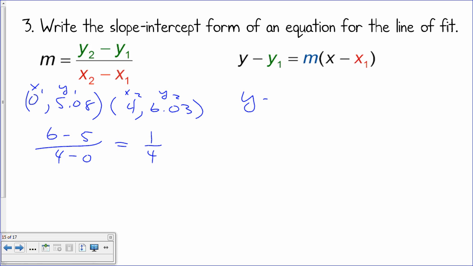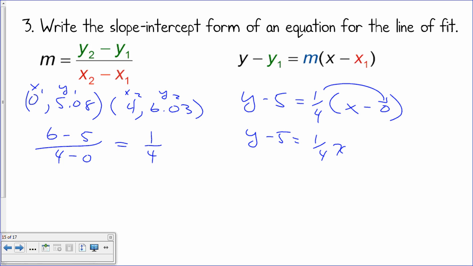Okay, so y minus what? 5 equals 1/4 x minus 0. Okay, so y minus 5 equals 1/4 x. What is this times that? 0, right? Positive or negative, it doesn't matter.